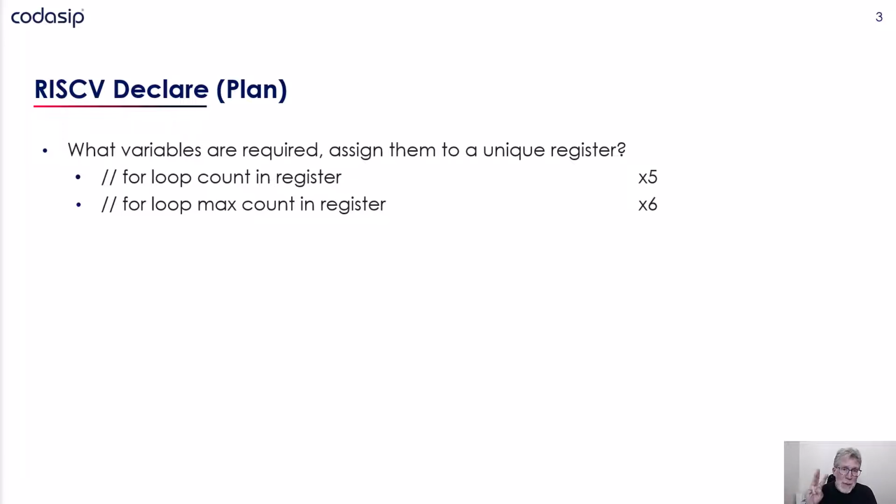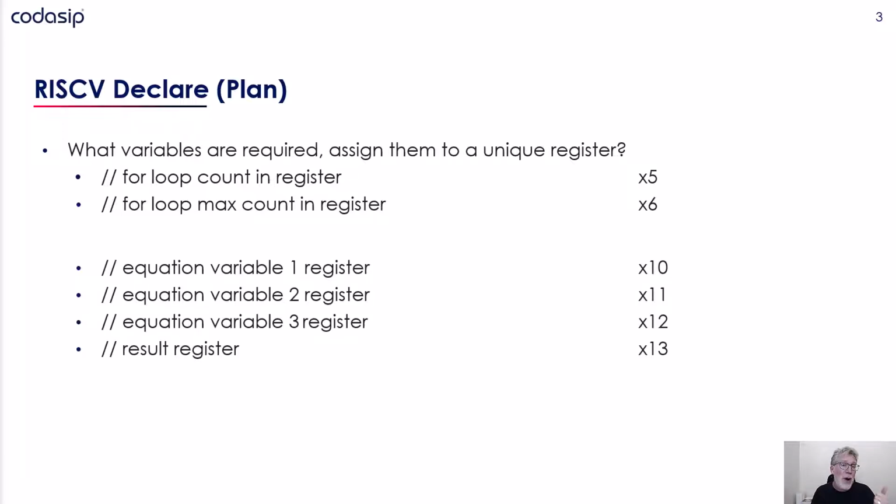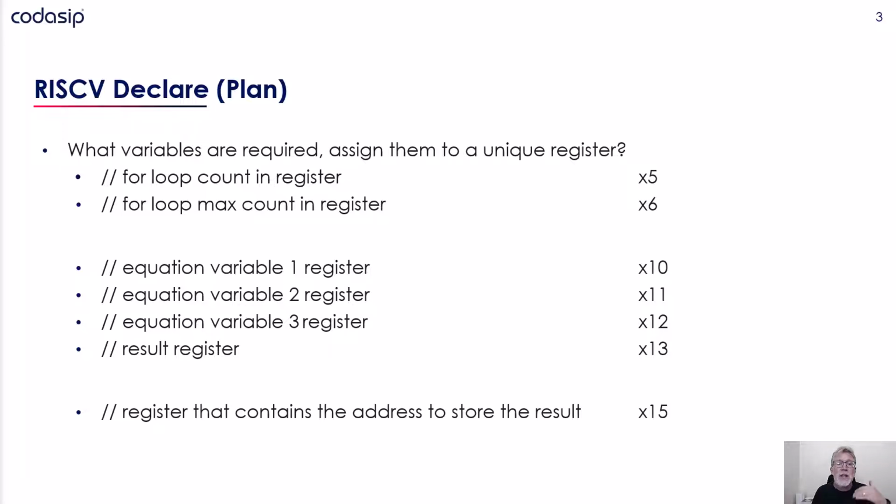So there's three basic types of registers that you will need to store for this assignment. Registers that are related to your loop, registers related to your algorithm, which is inside your for loop, as well as the address that you're going to store your result to.